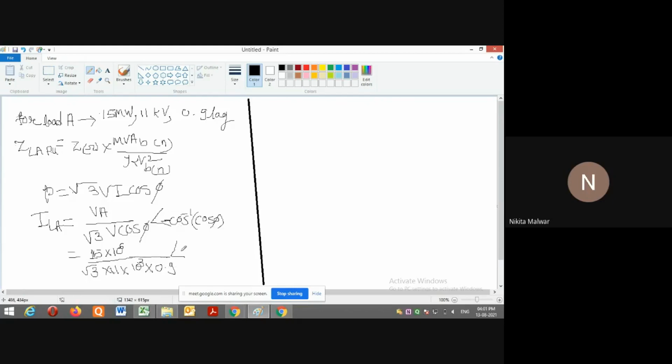And this is your angle minus cos inverse of 0.9.